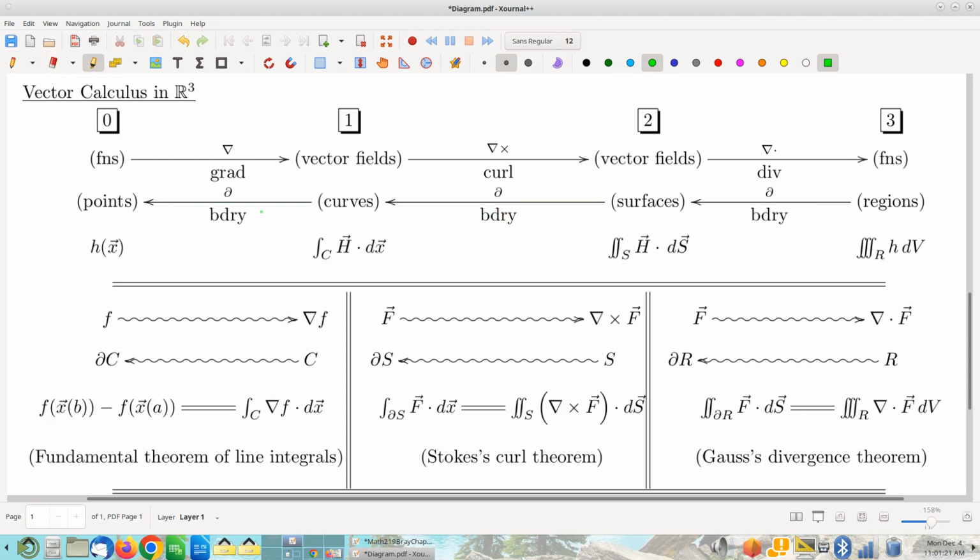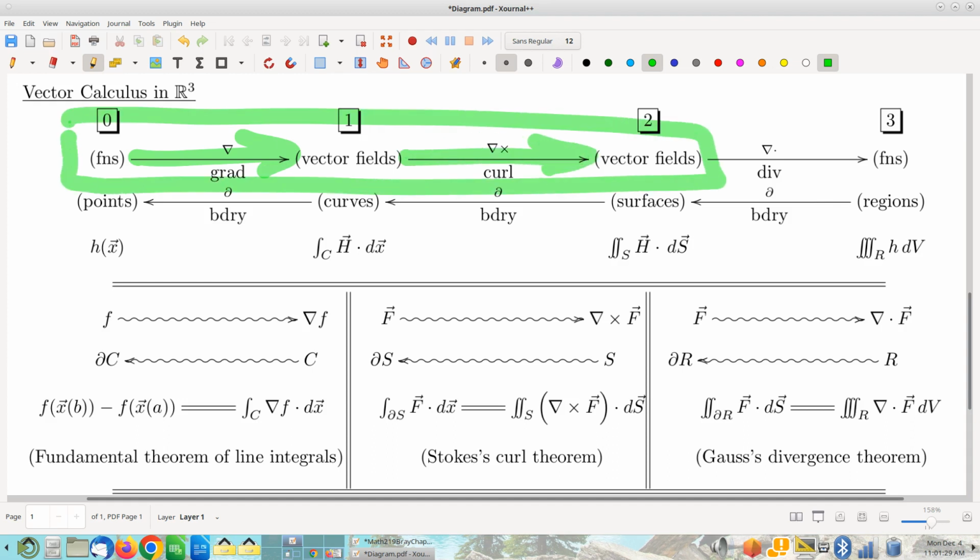So various patterns I want to talk about. First of all, we have what I call lifetime theorems, and then later I refer to them as local tests. That if you have a gradient field, then the curl is 0, or vice versa. If the curl is 0, then that lets you know that your vector field is a gradient of something.